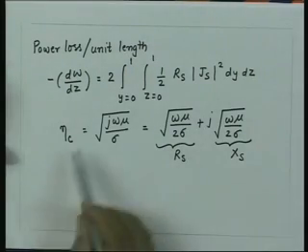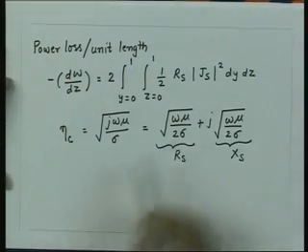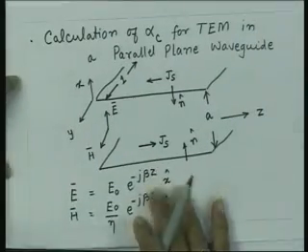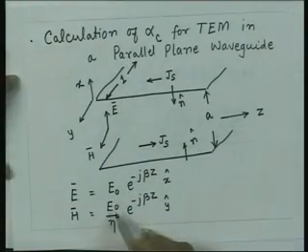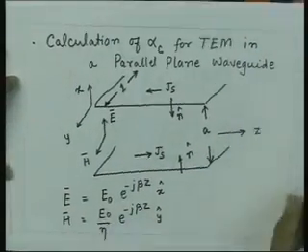So, I can substitute in this expression, and for Js, which is same as n cross H, which is H, which is E0 upon eta.